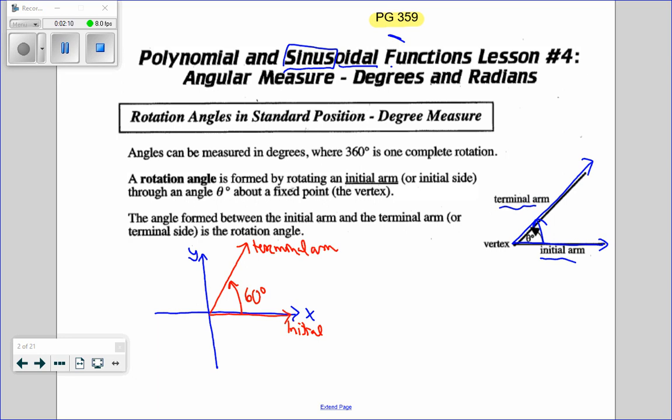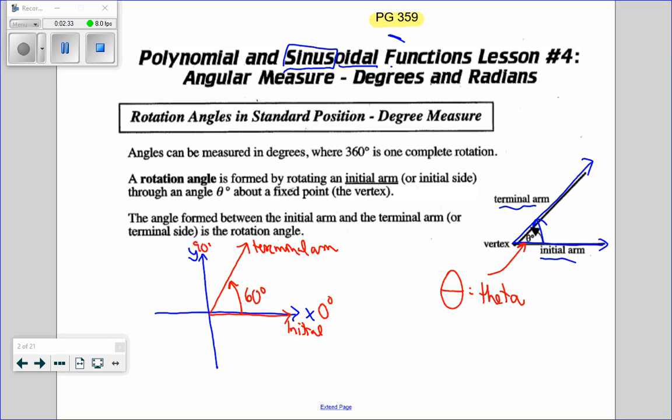Now this little symbol here, we call that guy theta. Okay, remember that from grade 10. So this is called a rotation angle, right? You've drawn angles forever. You should know your key points. So this one is 0 degrees.